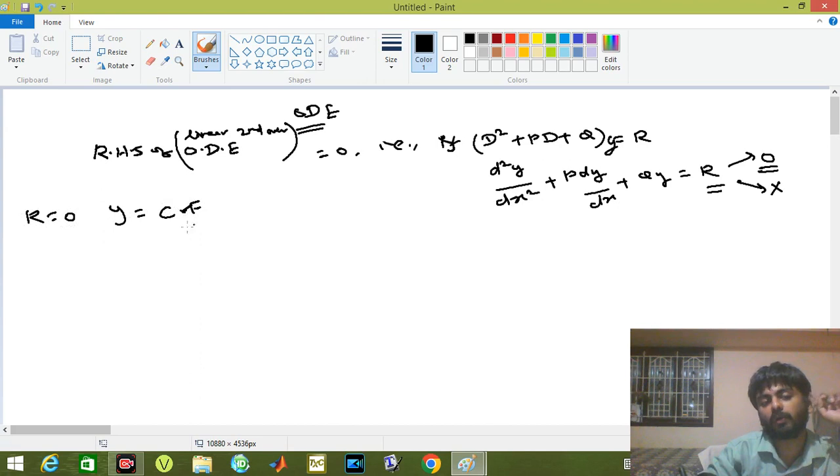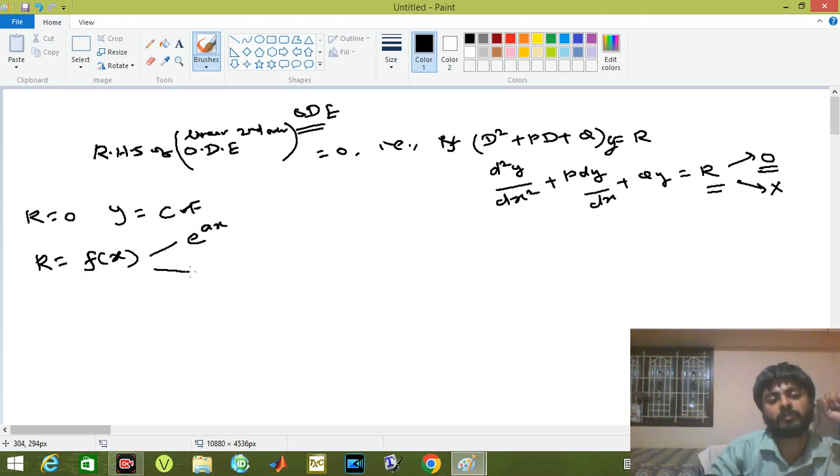Now we are going to see r equal to a function of x. The function of x may be either e power ax or x power n.